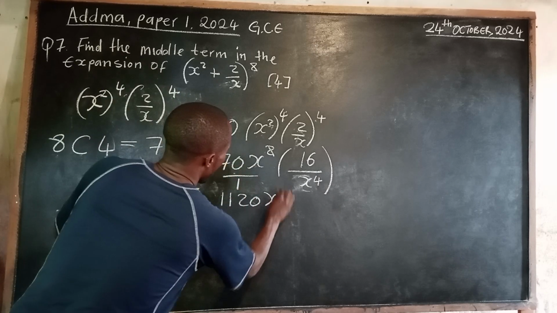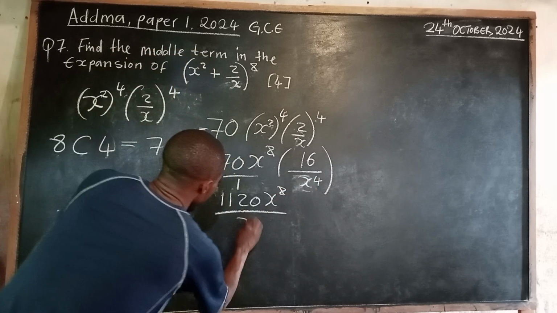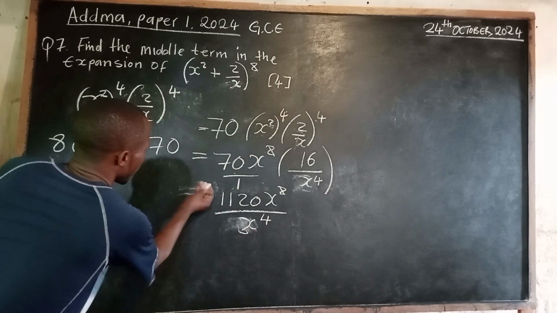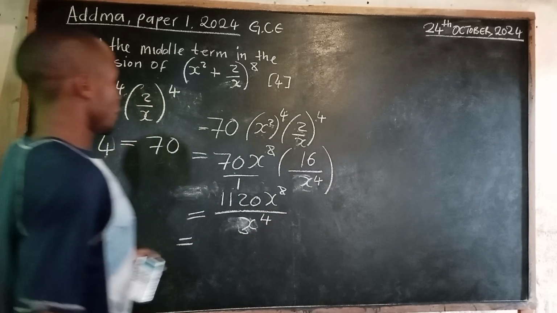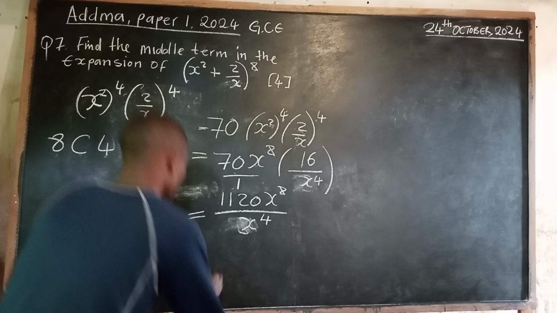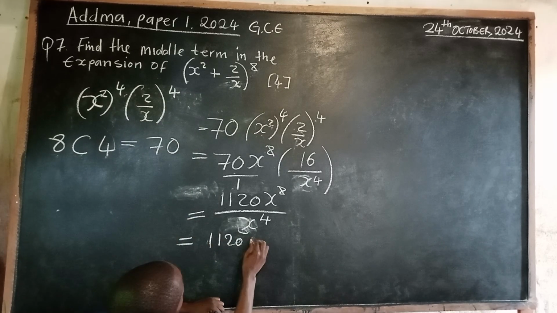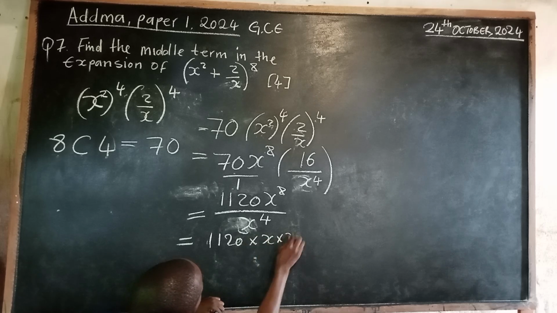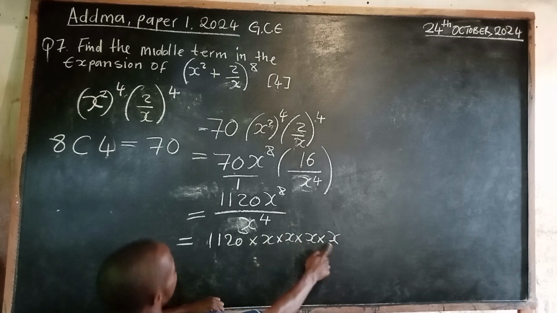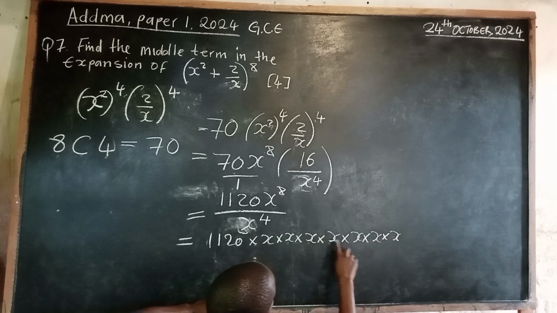Remember, we have x power 8 over 1 times x power 4, which is x power 4. Then we can cancel this x power 4, because on top we have x also. So 1120, then times x, x, x, x, x, x, x, x. How many x are there? 1, 2, 3, 4, 5, 6, 7, 8.